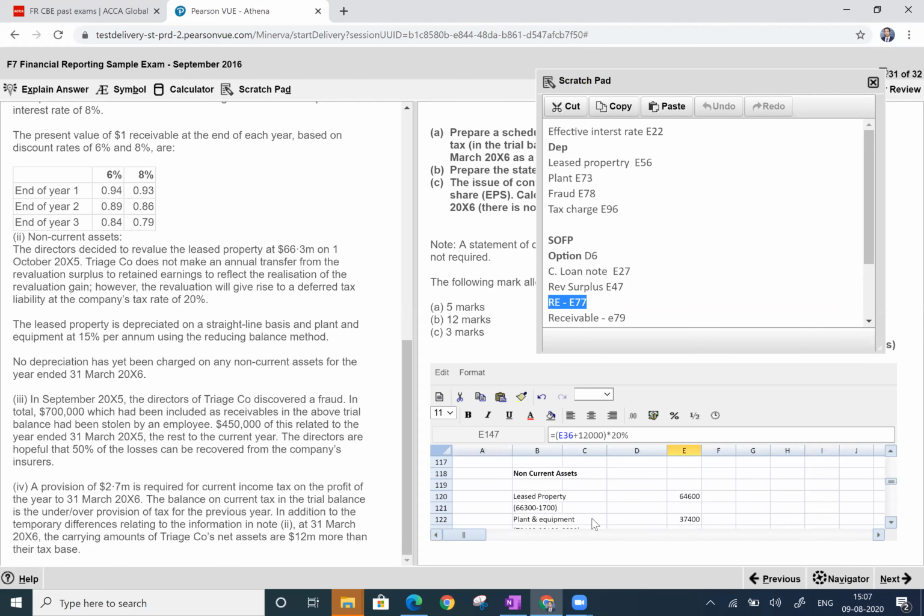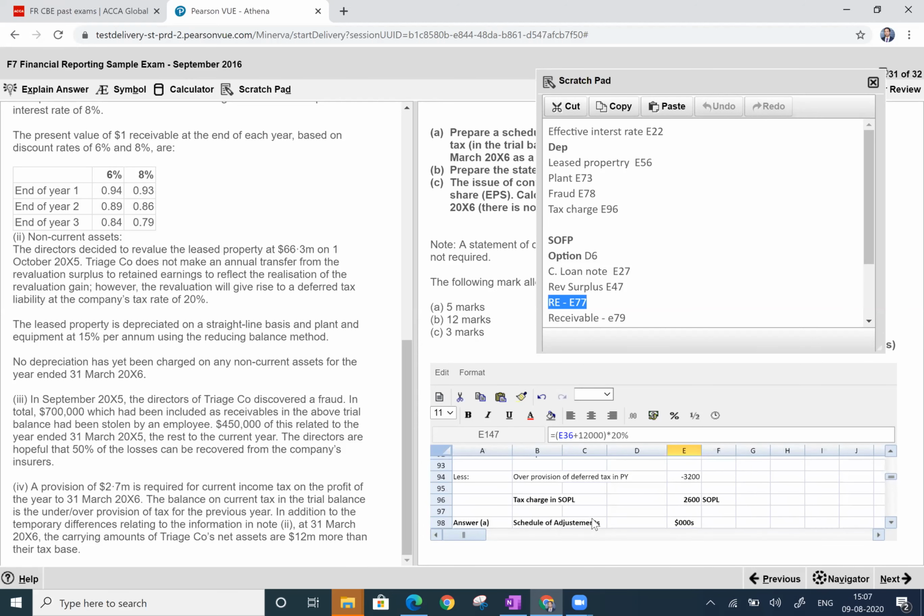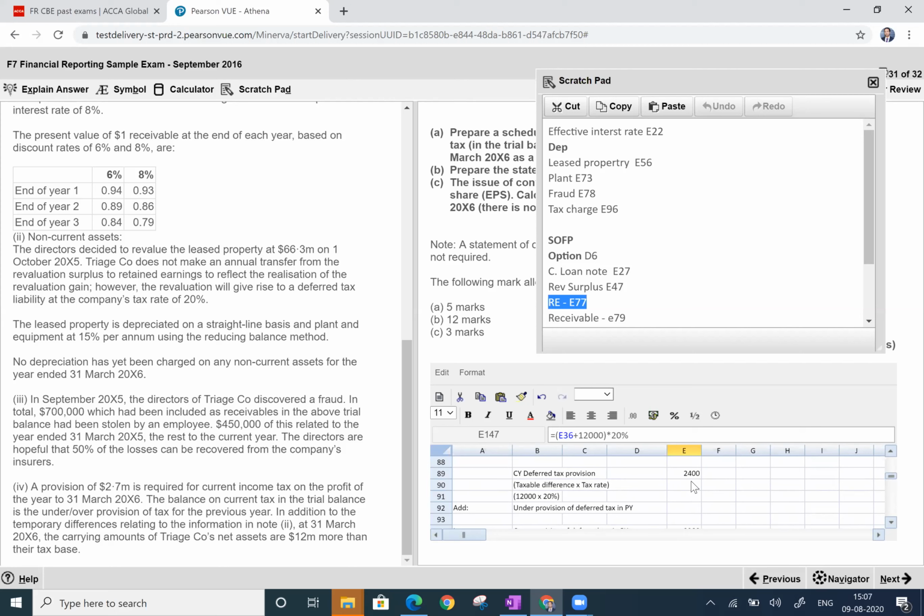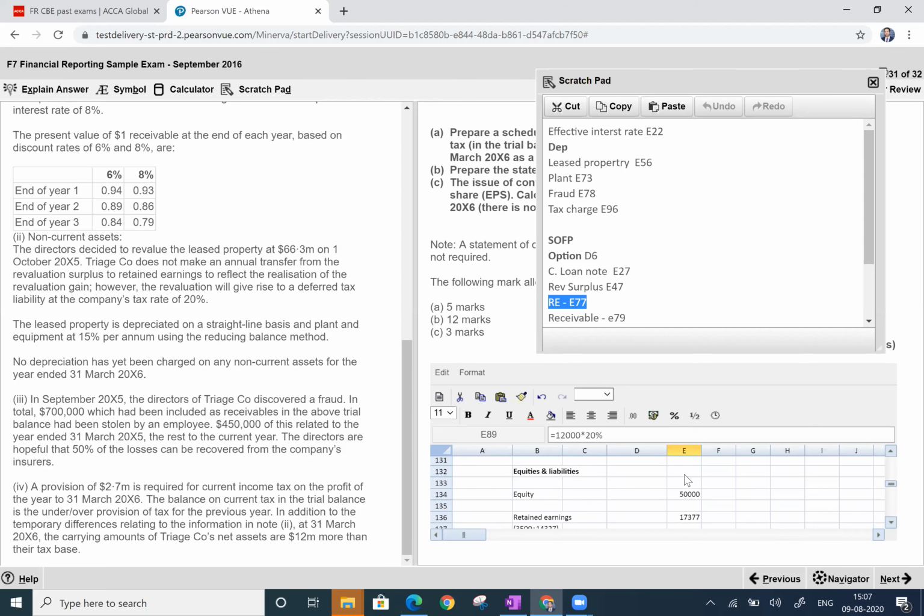Where is it? In your tax charge, current year deferred tax provision of 2,400. So 1,560, that is revaluation surplus deferred tax, plus 2,400, 3,960. So the same answer we have got here also, 3,960.